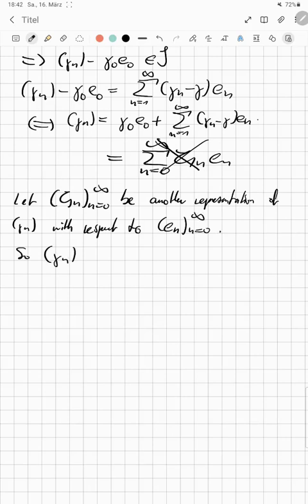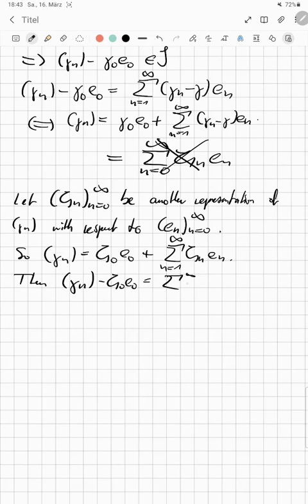So gamma n is the same as zeta 0 E0 plus the sum as n goes from 1 to infinity zeta n En. Okay. Well, and then we just pull this back to the other side. So we then know that gamma n minus zeta 0 E0 is the same as this, which is a vector in J, of course.